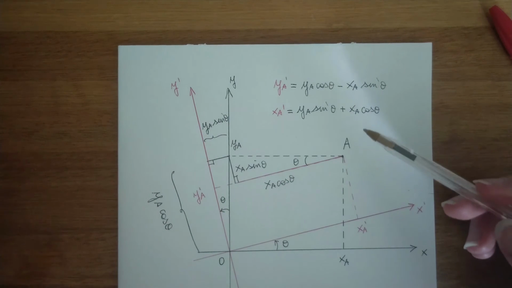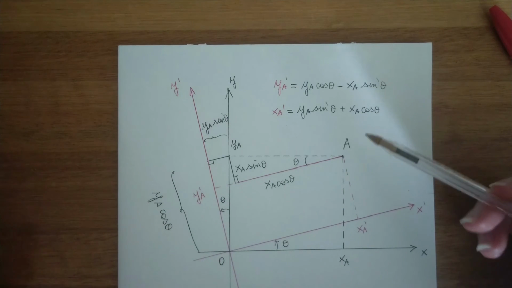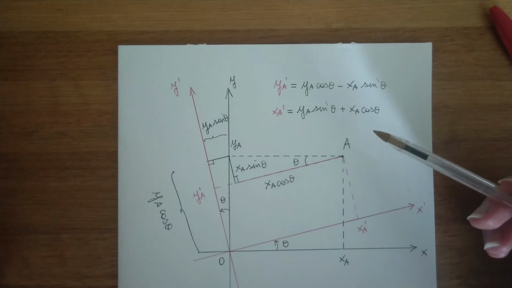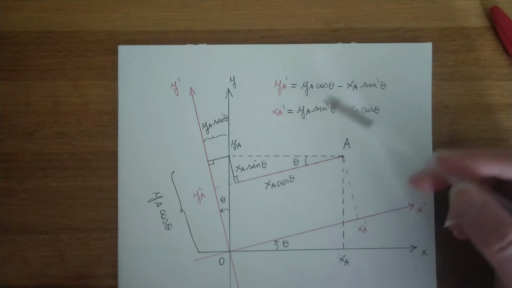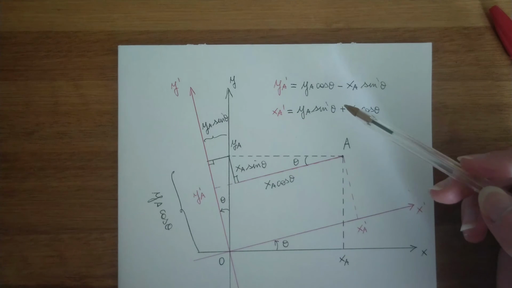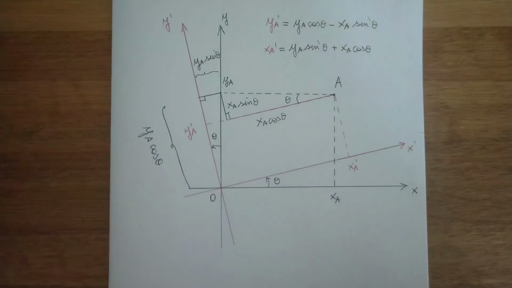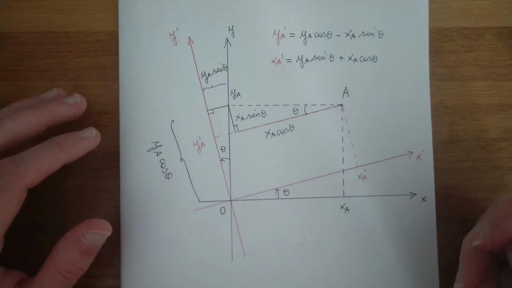And we have obtained our relations. I can rewrite this under the form of a rotation matrix. So I just have to reorganize all the terms.